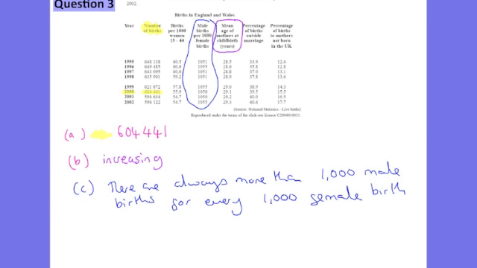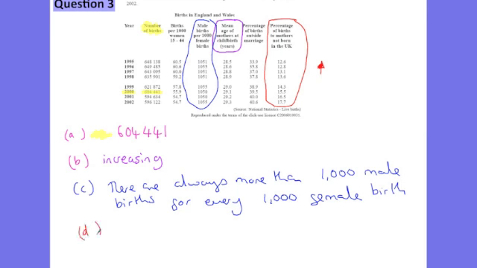Looking now at D. From the table, what can you infer about the trend in the percentage of births to mothers born in the UK? So we're now interested in this final column of our table. We can see here that our numbers are increasing. This means that the percentage of births to mothers not born in the UK is increasing.